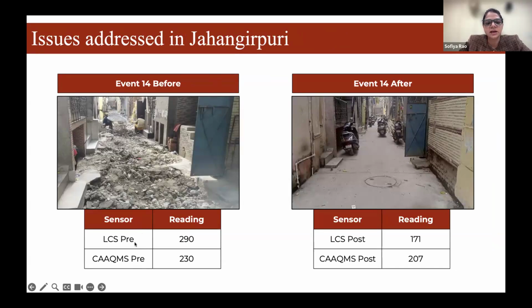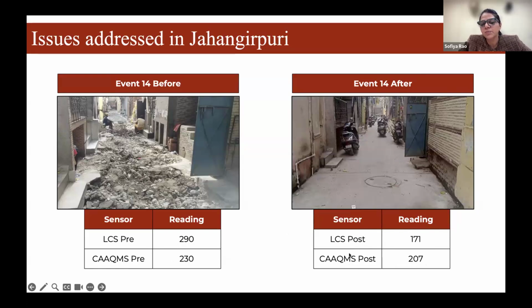The average of these three sensors was showing 290, the CAQM was showing 230. After 14 days, when the issue was completely resolved, we noticed a reduction of PM concentration to 171, and CAQM was showing 207.